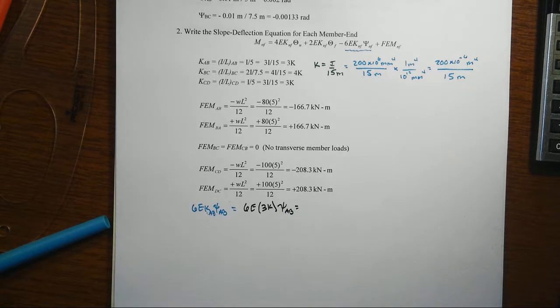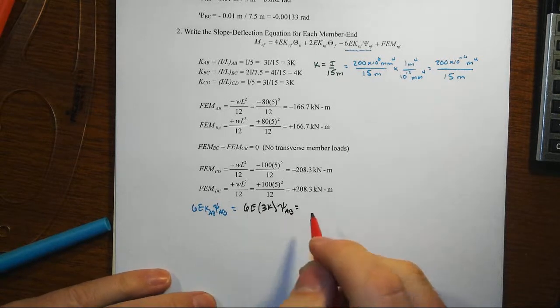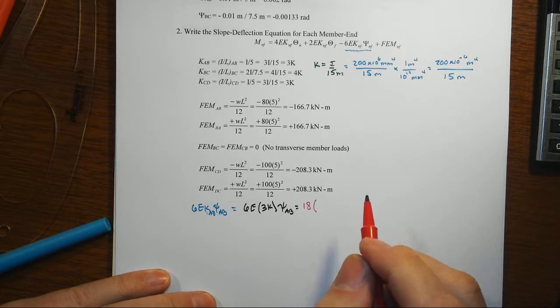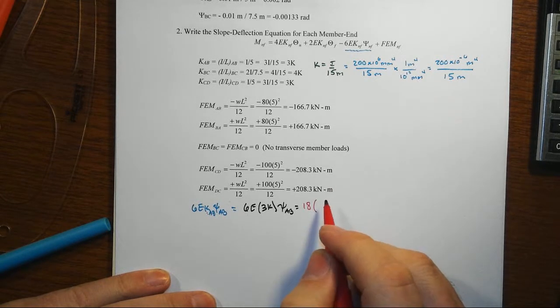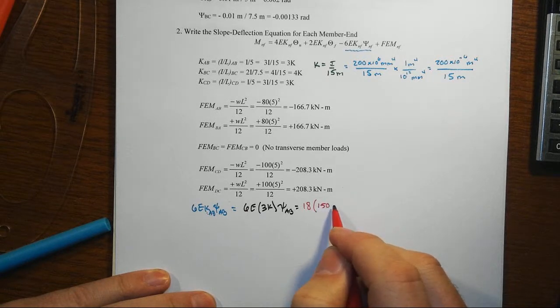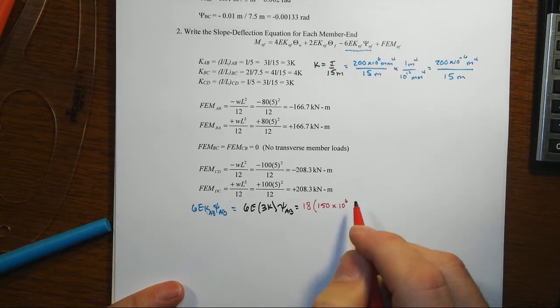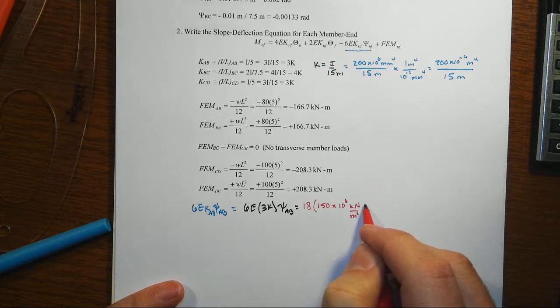Now this gets long, we got 6 times 3, that's 18. We have 150 gigapascals, which is 150 times 10 to the 6th kilopascals, or kilonewtons per square meter.